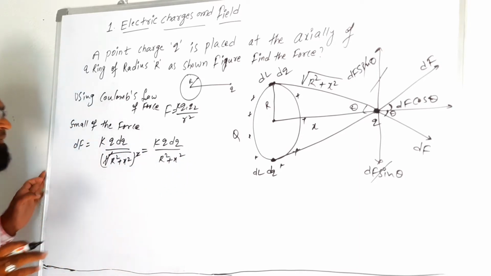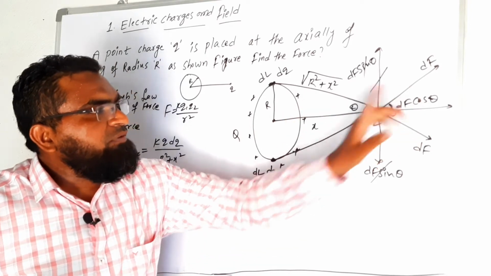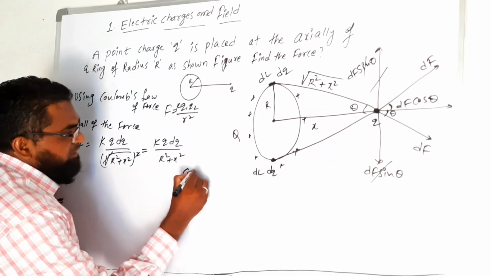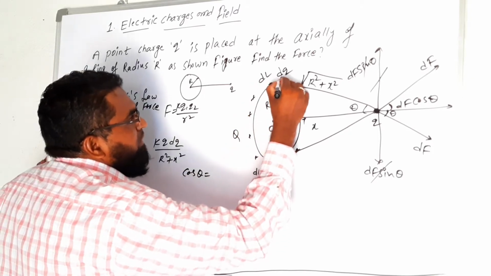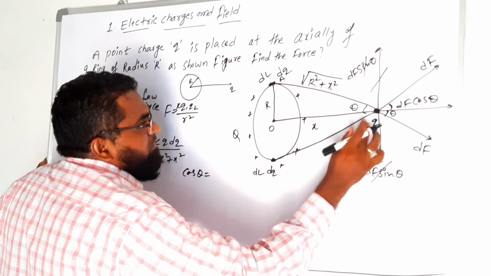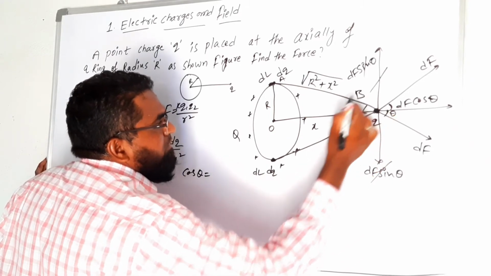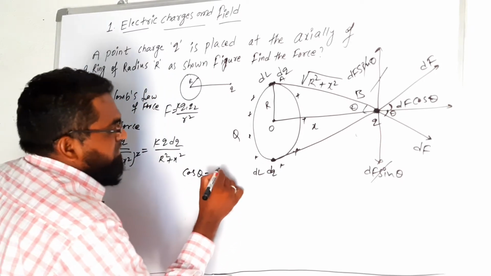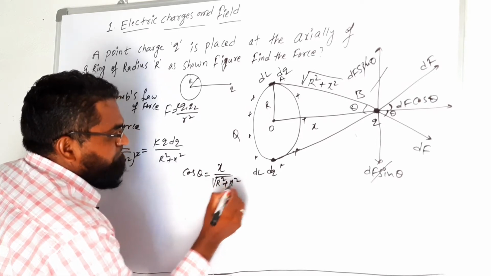Second, the horizontal force is dF cos theta. From the triangle OAB, cos theta equals adjacent side by hypotenuse, that is x by root over r square plus x square.